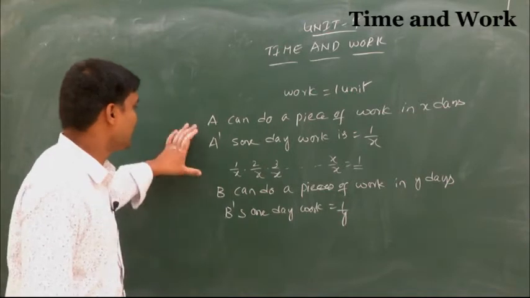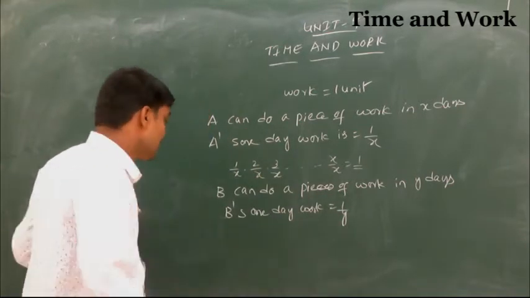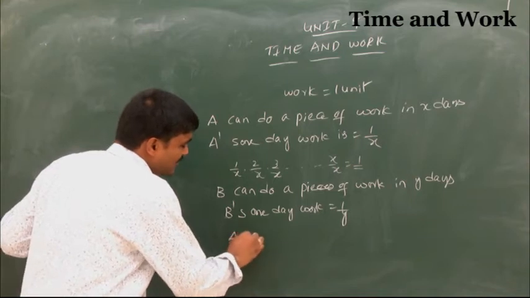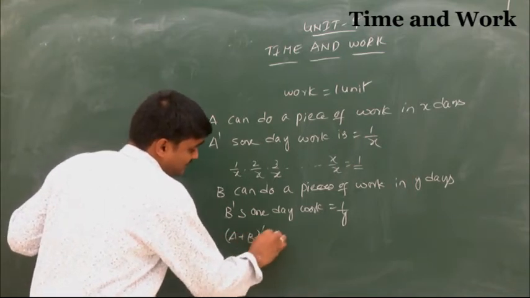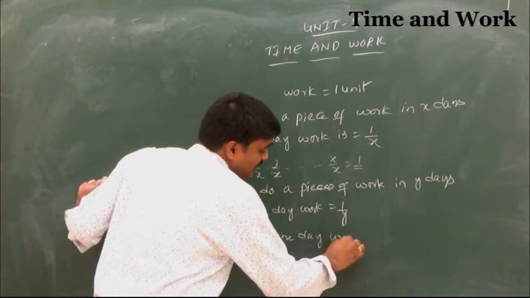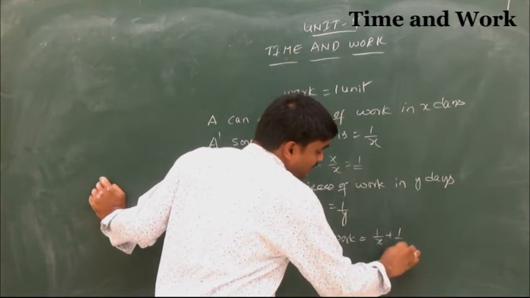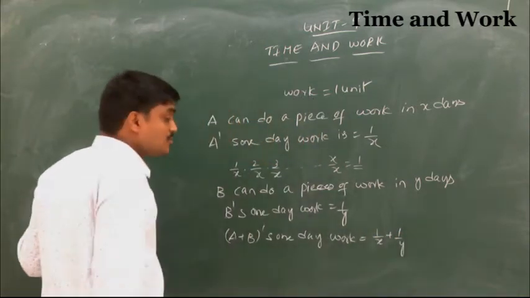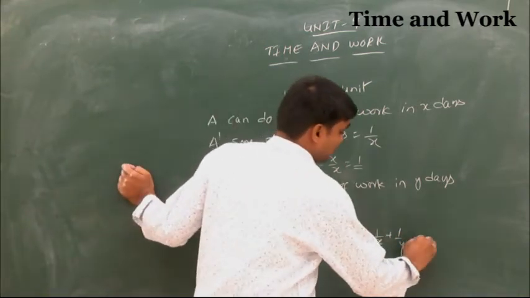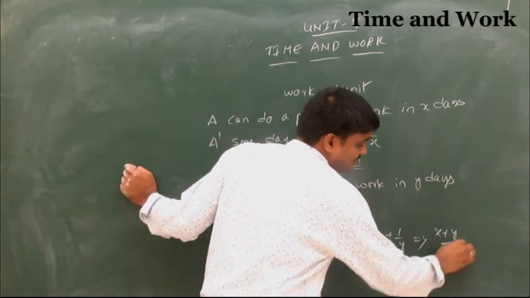First question he is asking: A and B can do a piece of work in how many days? So that's why A plus B's 1 day work is 1 by X plus 1 by Y. So that is X plus Y by XY.